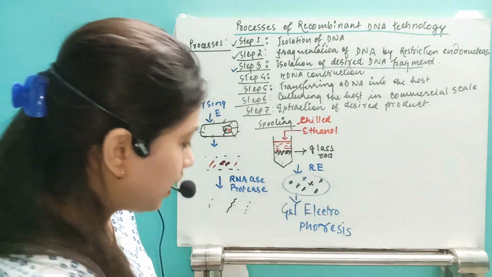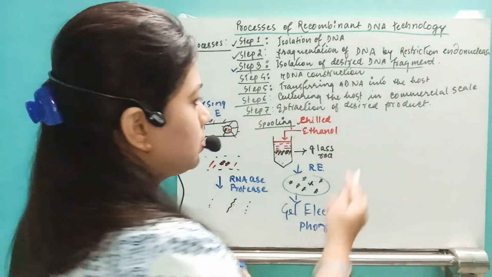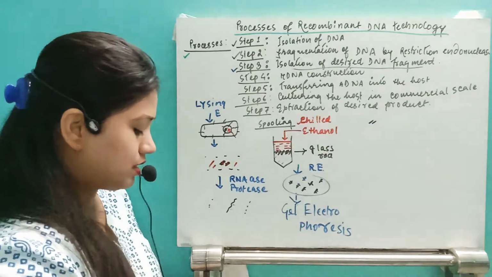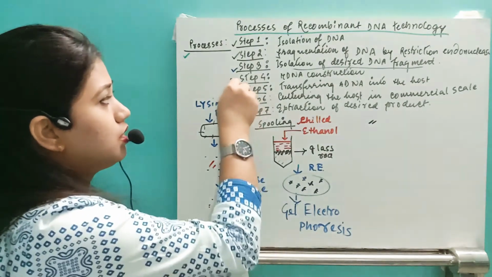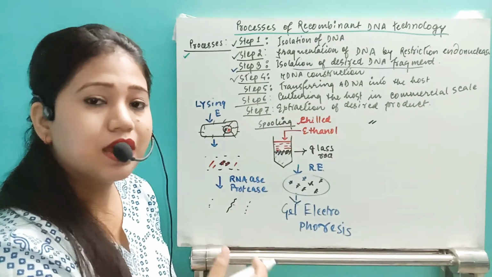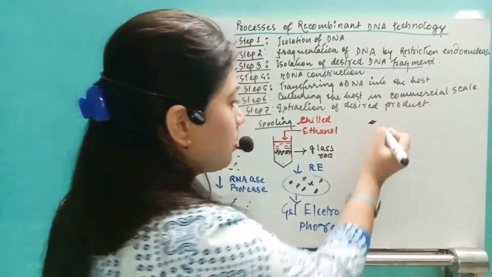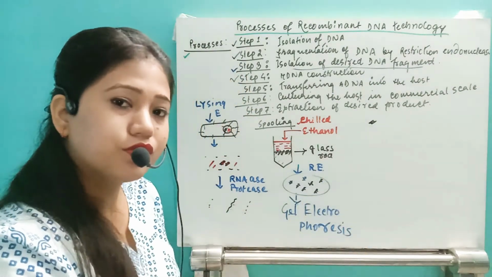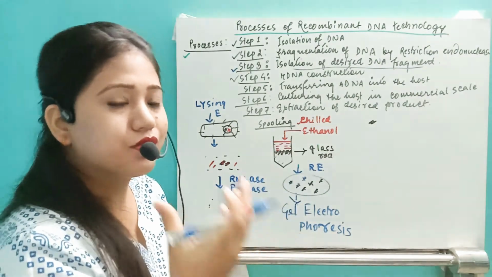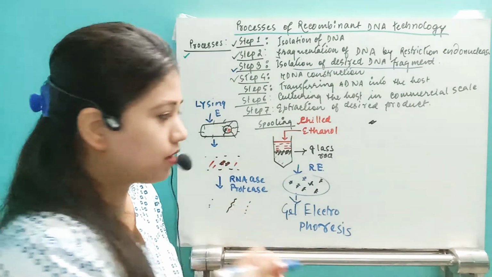So whenever we get, suppose this is the desired gene fragment we get, then after that, the fourth step here is recombinant DNA construction. That means whenever we get the gene fragments here, what we are going to do is make the vector also cut in that specific region.